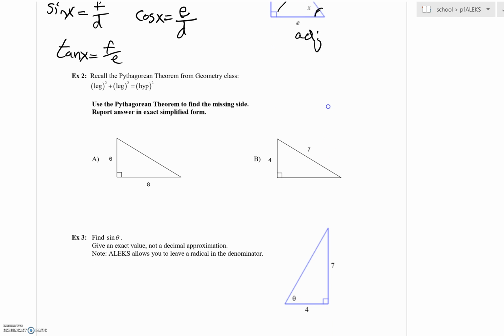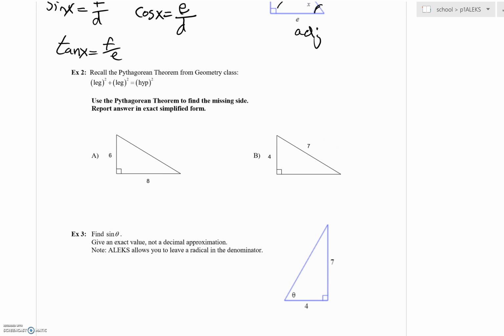The most famous theorem in geometry was the Pythagorean theorem, and it only applies to a right triangle. What you've probably seen in the past is that you'd have A, B, and C written out, and C was the hypotenuse. And you could say A squared plus B squared would equal C squared.